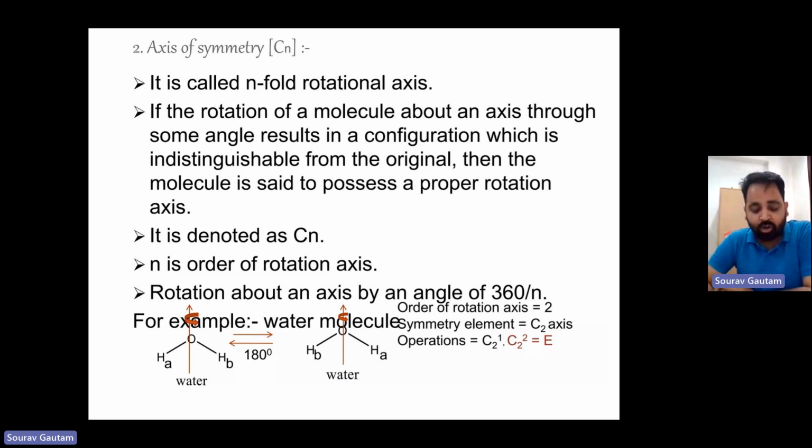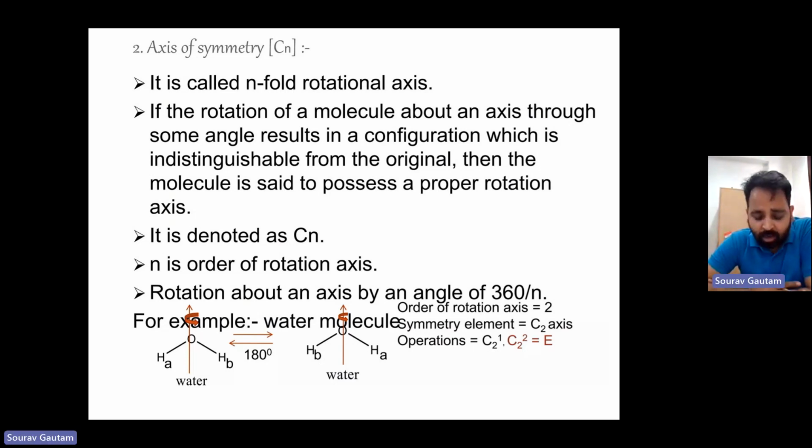A rotation of a molecule by an angle theta gives an equivalent configuration. This axis of symmetry is denoted as Cn, and it is a rotation about an axis by an angle 360 by n, and n may be 2, 3, 4, 5, 6, meaning the number of rotations.